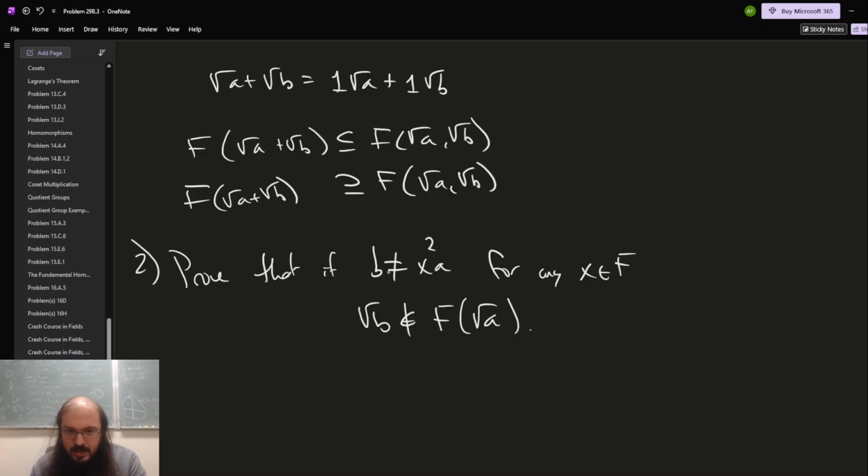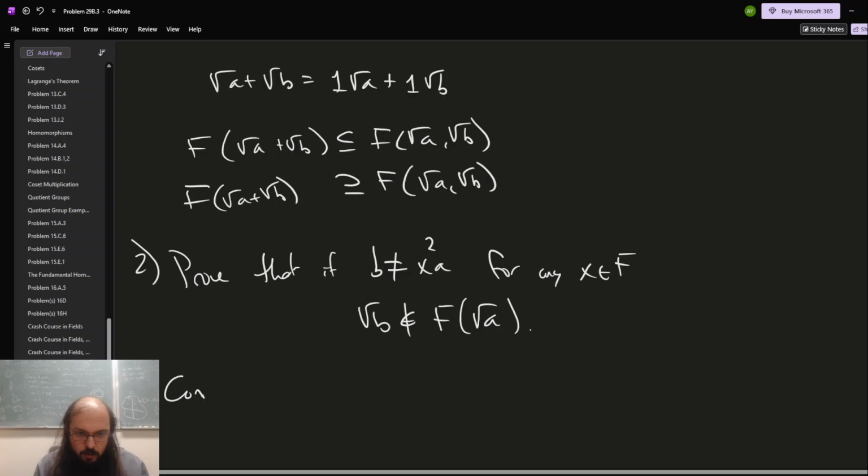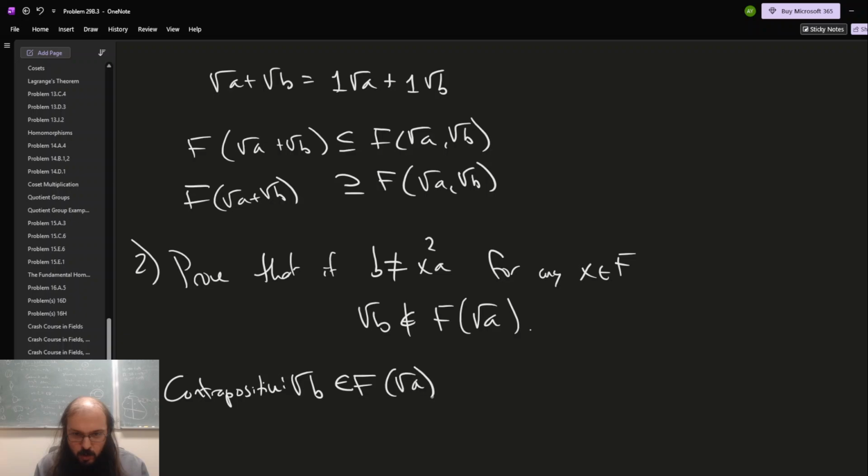And when I see this, I see two statements here that are both negated. So I think to myself, contrapositive. So the contrapositive says that if square root of b is in F adjoin square root of a, then b is of the form x squared a for some x. So that's kind of telling me what to do here.